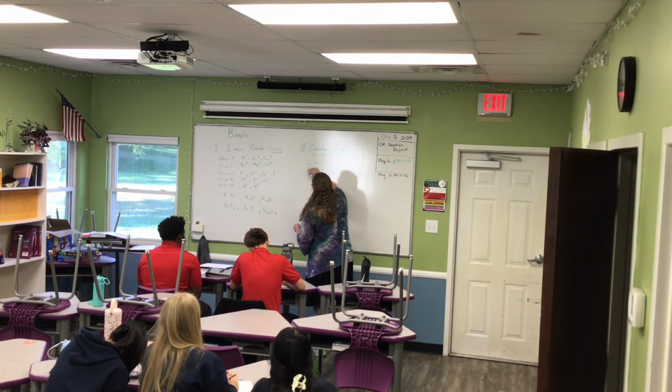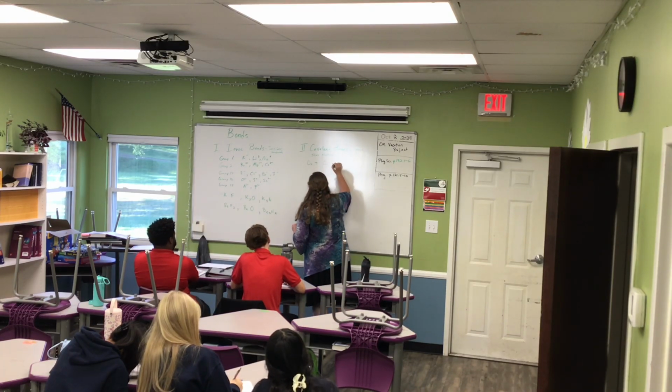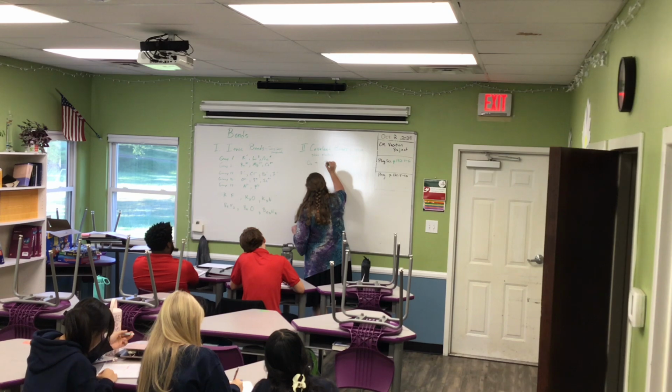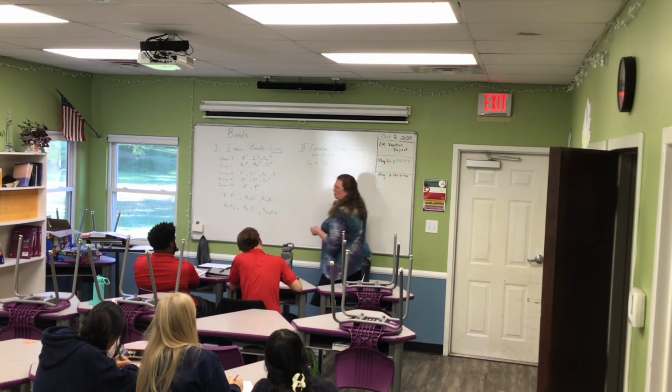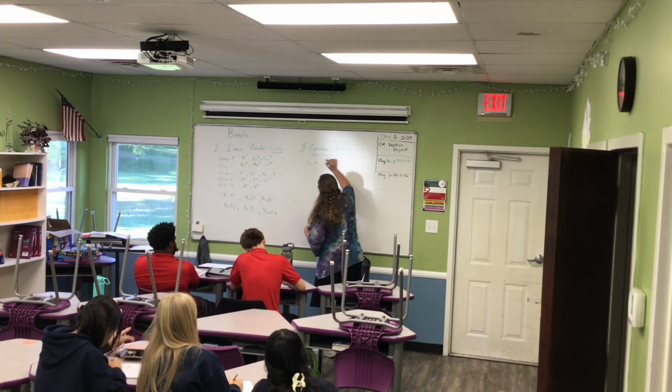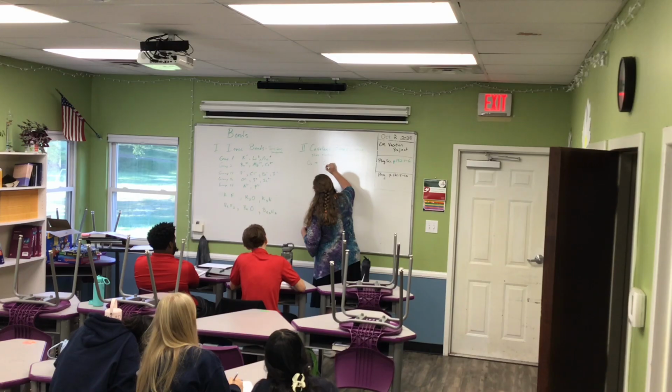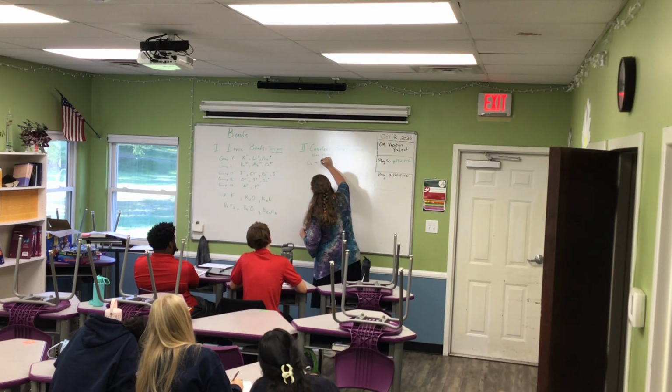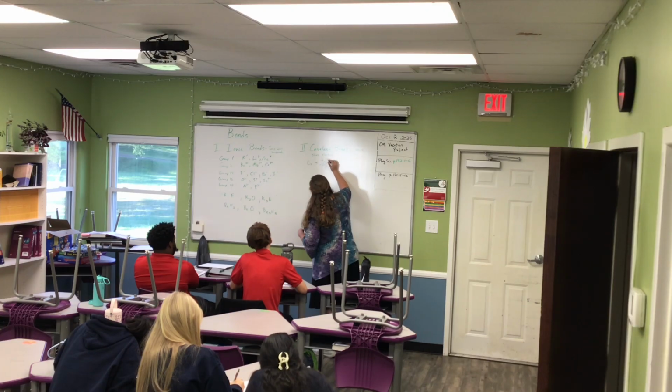So I have 2 of these oxygen, so I'm going to draw 2 of them. We put electrons around it. You can imagine a square like this. I put 2 electrons on this side, 2 here, 2 here, and 2 there.